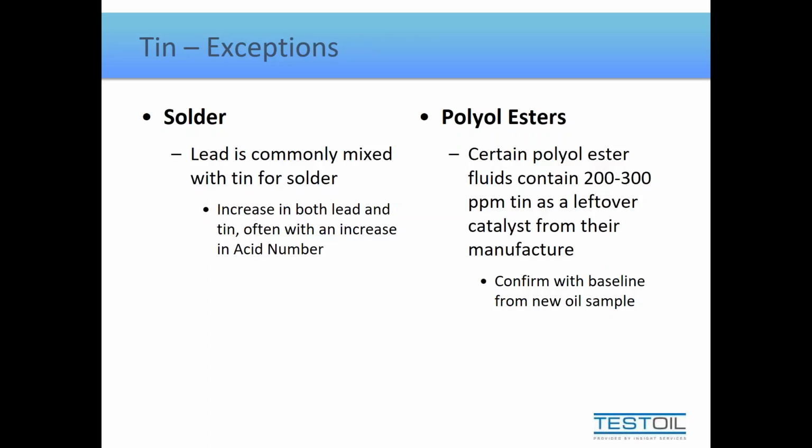So it doesn't do anything in the fluid once it's been manufactured, but it does remain there. So it's a level that shouldn't change over time. It will neither go up nor down, but it's not there to do anything. It's not set to serve any purpose. So without a baseline sample, you might be surprised by some very high levels of tin in the oil.